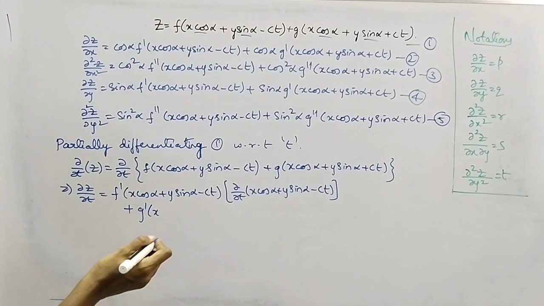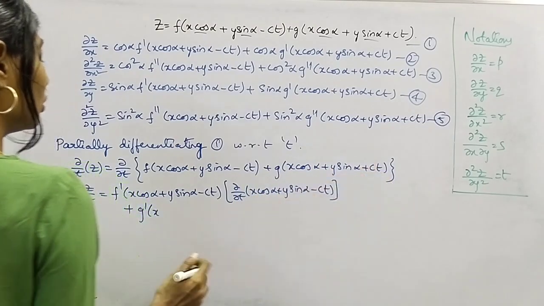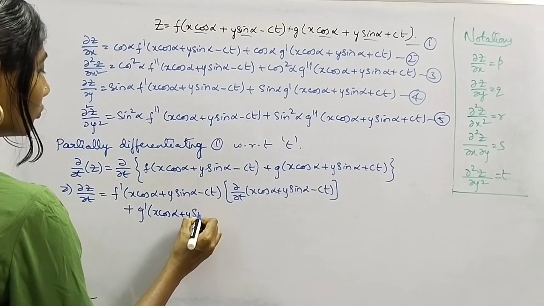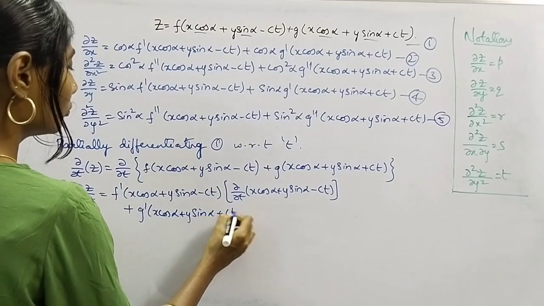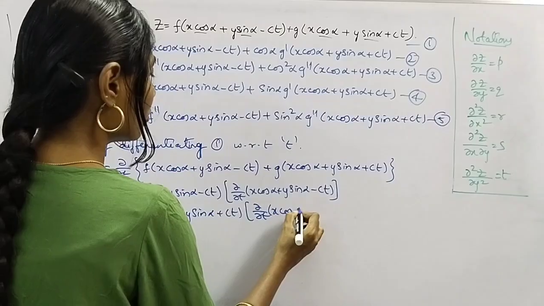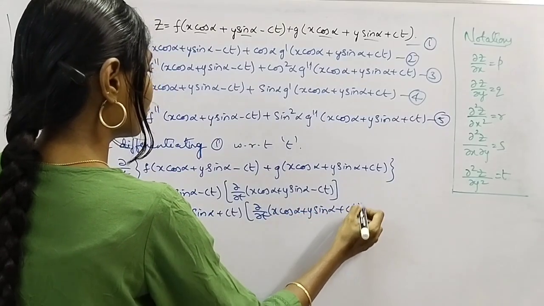G is nothing but g of (x cos alpha plus y sin alpha plus ct), okay? The whole term into the inner derivative, ∂/∂t of (x cos alpha plus y sin alpha plus ct).